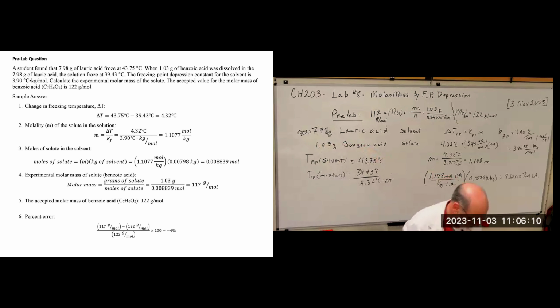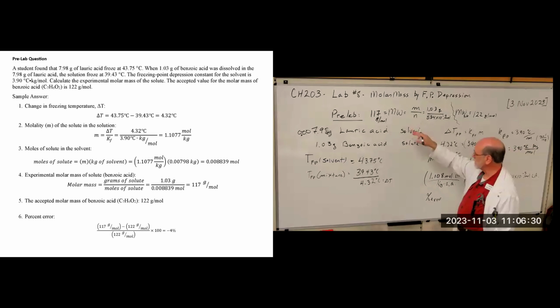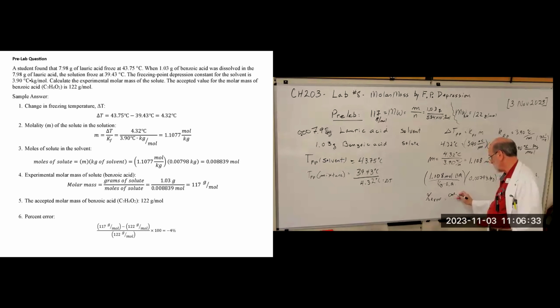Does it ask the percent error? No, just the molar mass. If we did the percent error, how would we do it? Percent error is the calculated value minus the accepted, divided by the accepted, times 100. So that would be 117 minus 122 divided by 122 times 100.